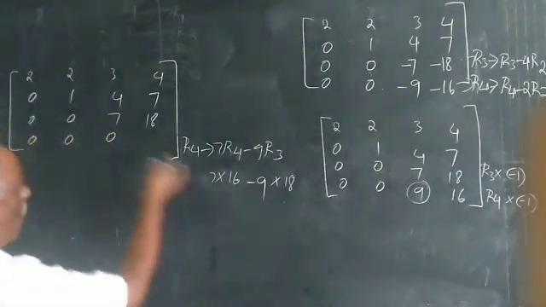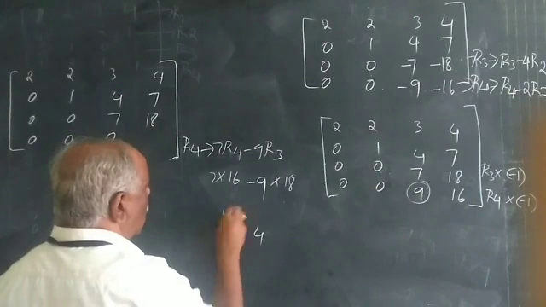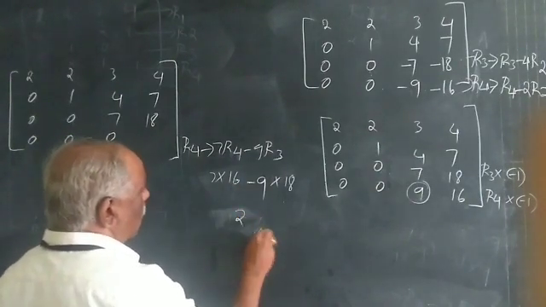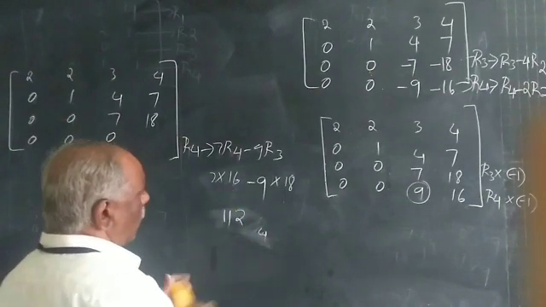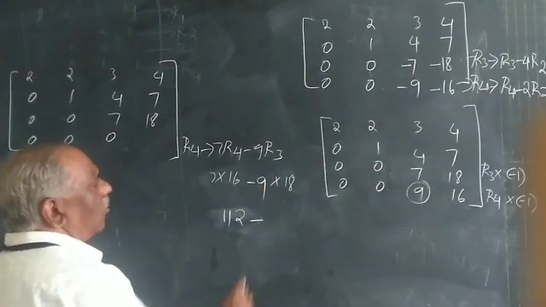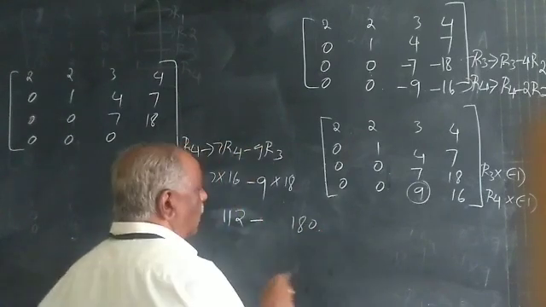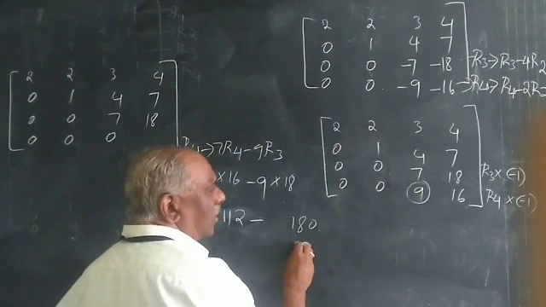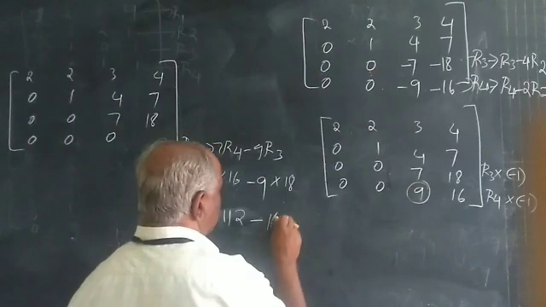So what is this? This is not equal to 0, so I can write 7 into 16, 7, see what is that? 7 minus how much? 18 into 9, that is 180, that means 162 plus 18, 162, yes, minus 162.